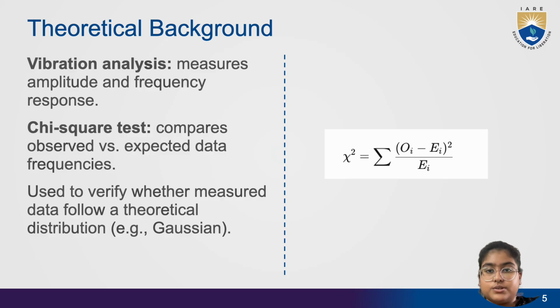The formula we have used is stated here to the right. Here, O_i is the observed frequency and E_i is the expected frequency in each class or bin. The test basically tells us how much our real data deviates from what's expected. A small chi square value means that the machine is healthy. A large value means that there's a fault.